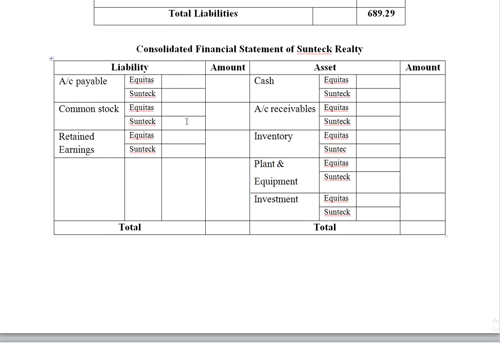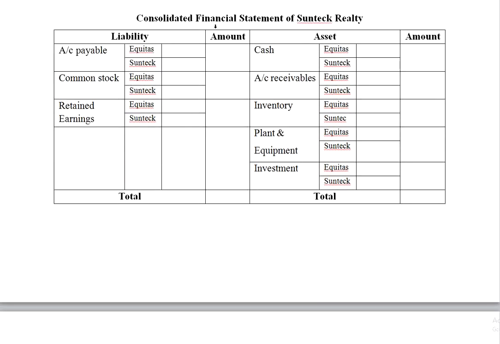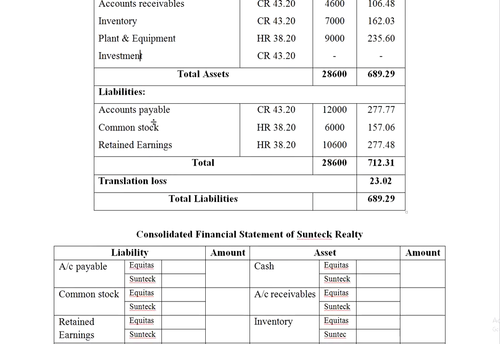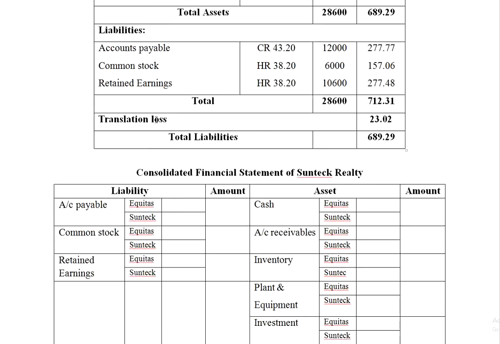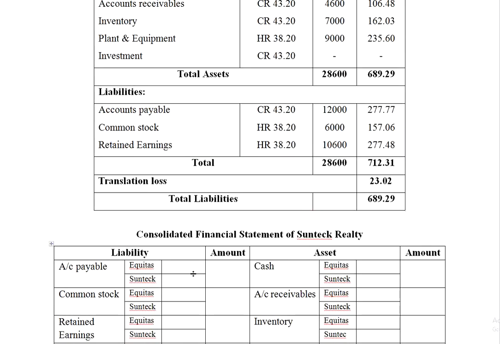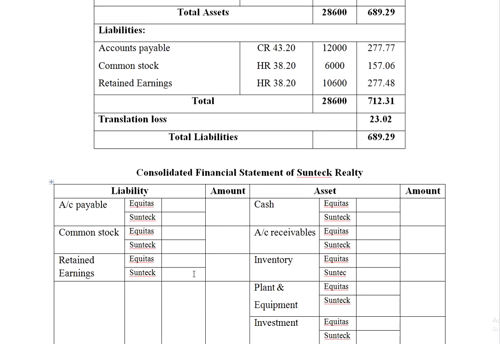So let us convert this. I have already prepared a consolidated balance sheet format over here. The same items: cash, accounts receivables, inventory, plant, investment, accounts payable, common stock, and retained earnings are mentioned over here.